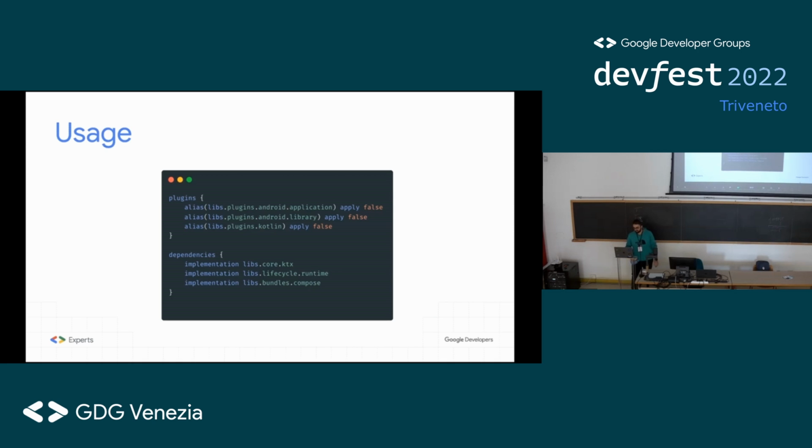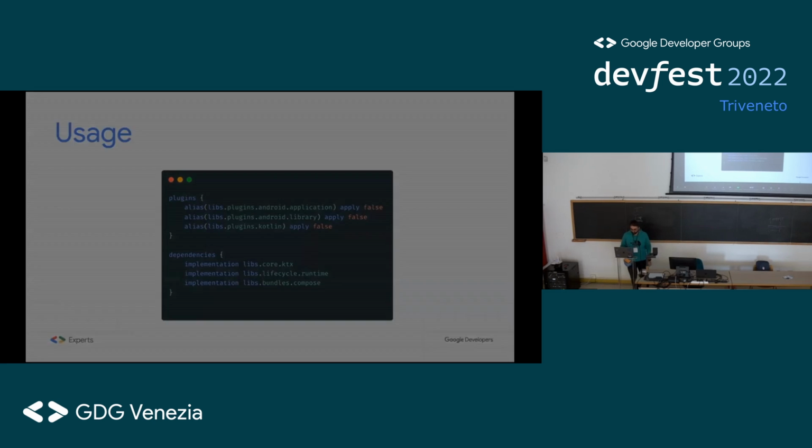So yeah, it's very easy, and it was the not official, but the most popular way to extract some logic and dependencies into one single place from all those modules.